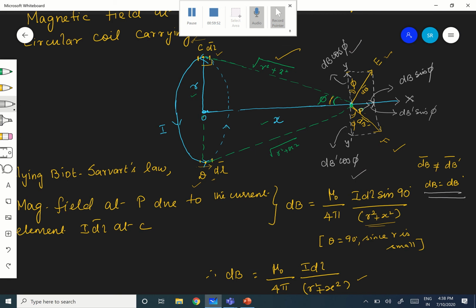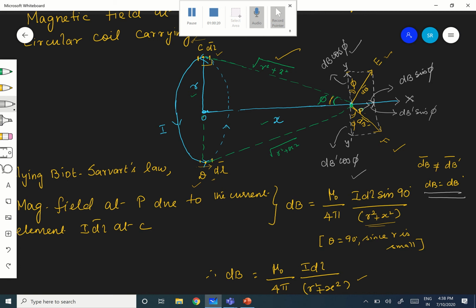Both are equal and opposite, no? Because the magnitude of dB and the magnitude of dB dash are the same, so dB cos phi should be equal to dB dash cos phi. But if you see the direction, one is along PY, another is along PY dash. So equal and opposite. Therefore they will cancel. Therefore cosine components are cancelling.